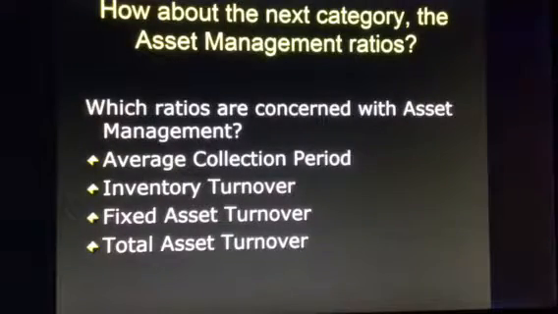Now notice here we have total asset turnover, that's really a composite. It's an overall. And it's important that you note that total asset turnover represents the overall composite measure of asset management. Asset management is concerned with determining if the company is generating sufficient sales from its assets.